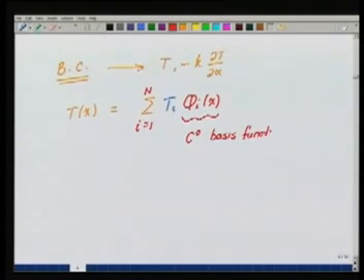So you could use the hat functions, you could go ahead and use the Lagrangian shape functions that we had talked about over and over again.